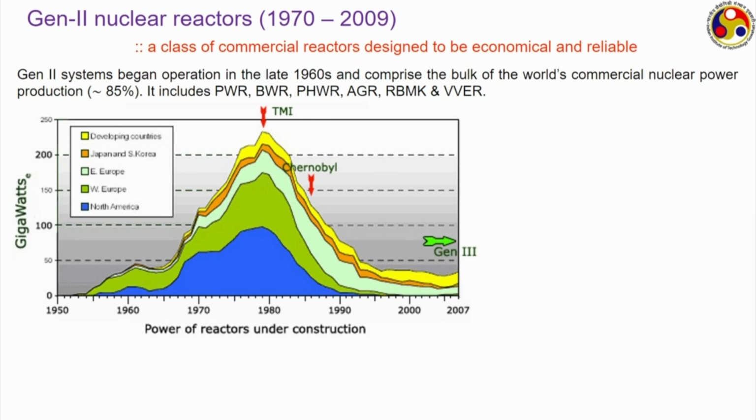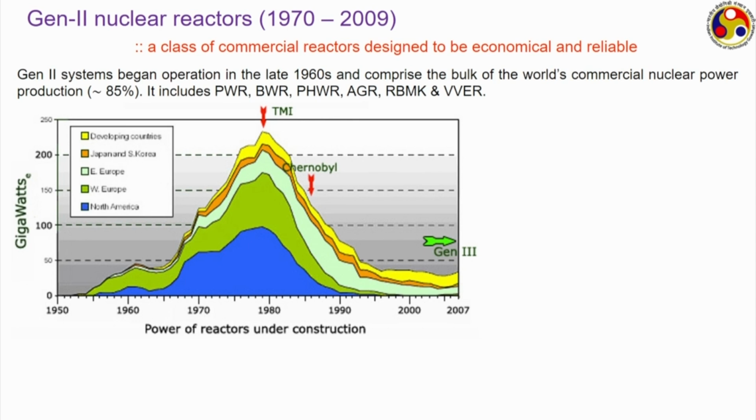It started around the 1960s, where it started to grow somewhere here, and then around the oil crisis of the 1970s you can find there is a shoot up till the TMI, which is the 1979 Three Mile Island incident. That was probably the first reported nuclear reactor accident which is known to the world.